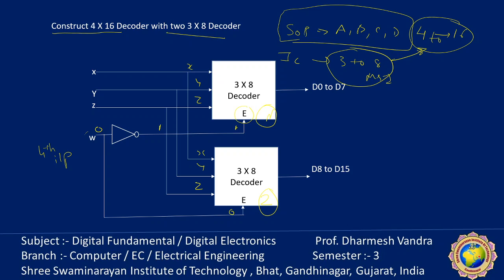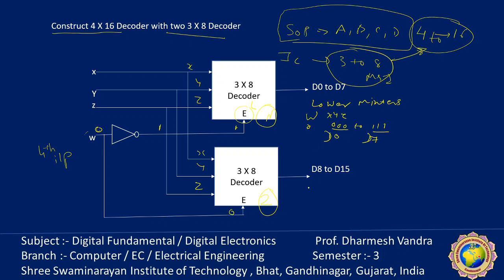Okay, and both have D0 to D7, so this one will give the lower minterms, because W is 0, and XYZ is 0 0 0 to 1 1 1, so that means 0 to 7.